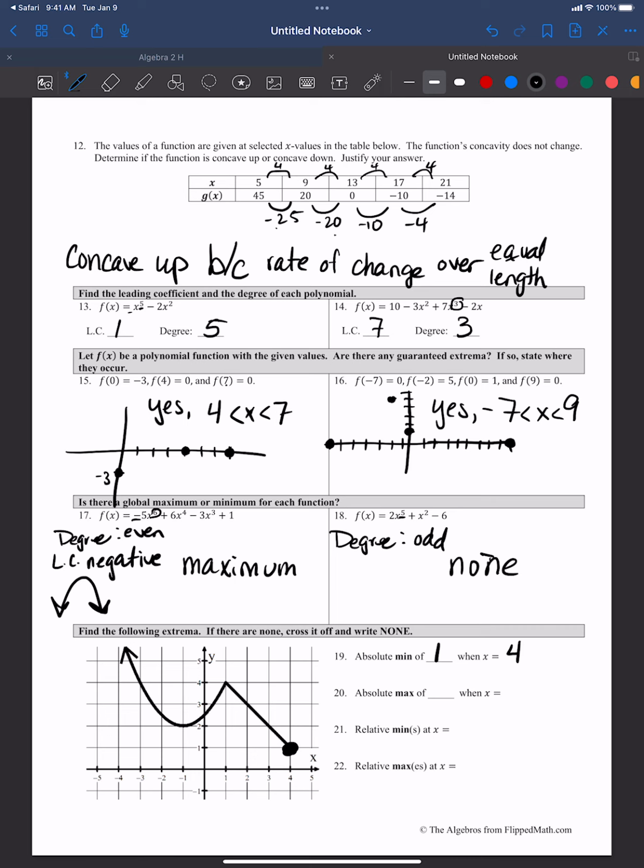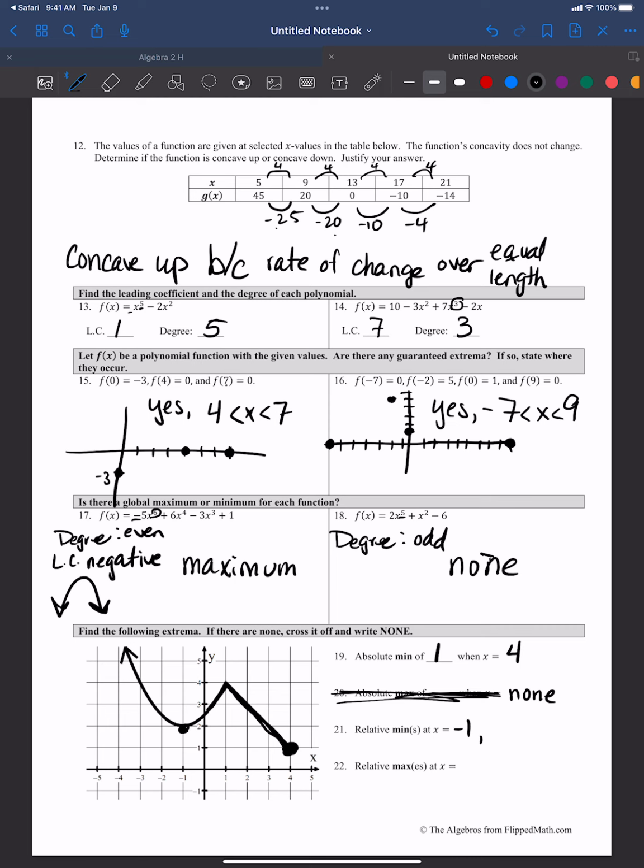Now an absolute maximum, I actually don't have an absolute maximum in this example, right? Because looking at this graph, I have one maximum, and that is it. There's nothing else. So there's no absolute maximum. Then I have a relative minimum at x equals -1. So here's one.